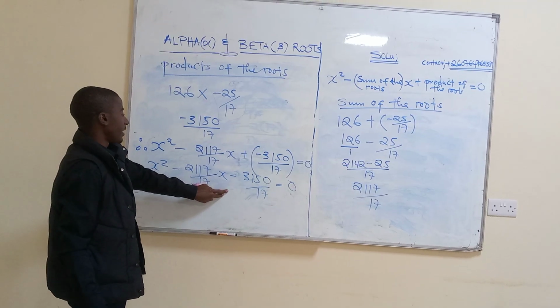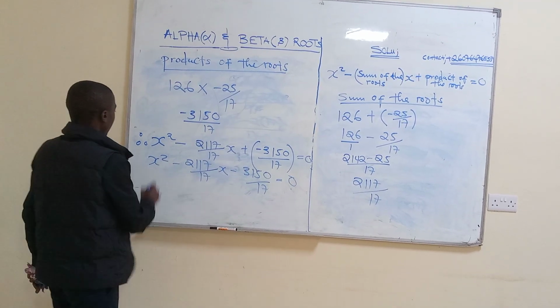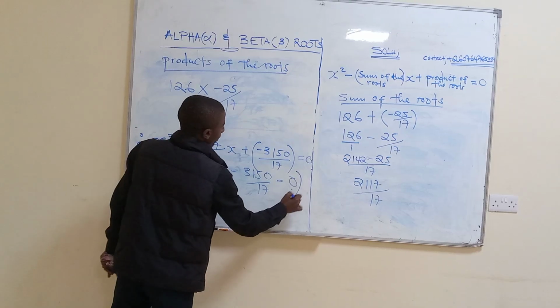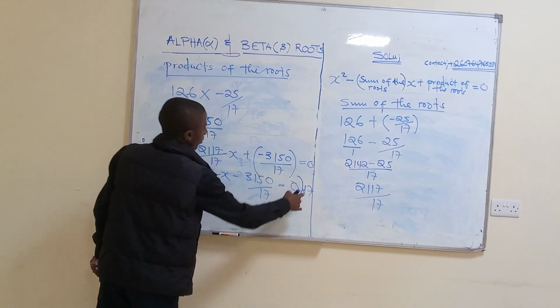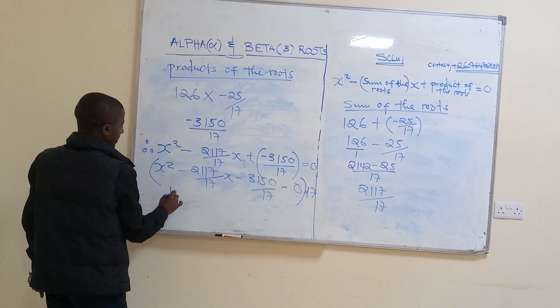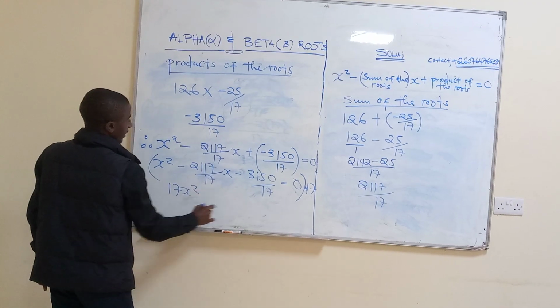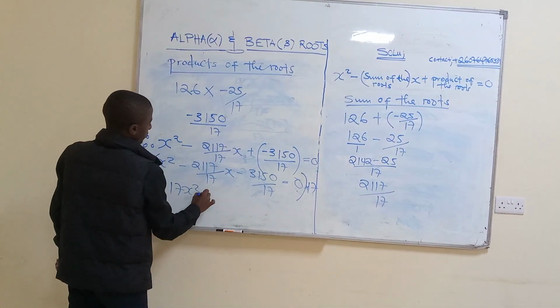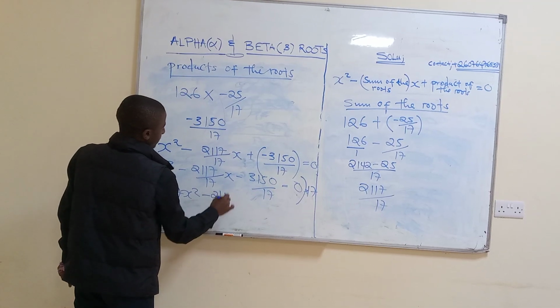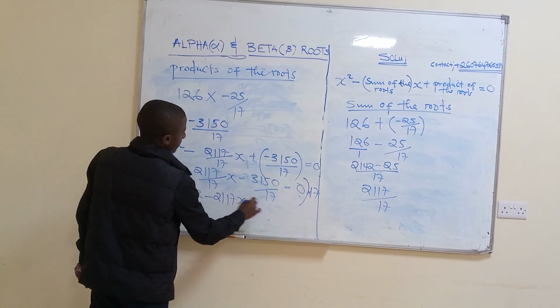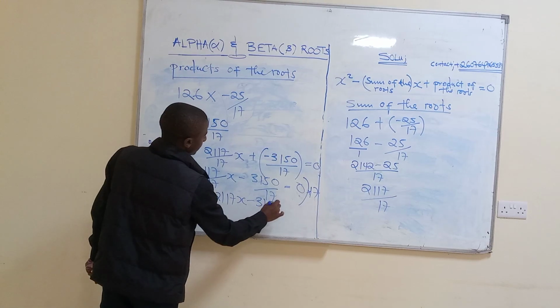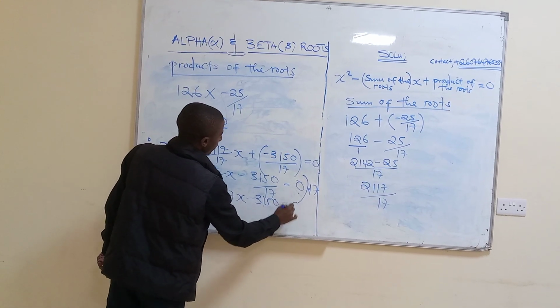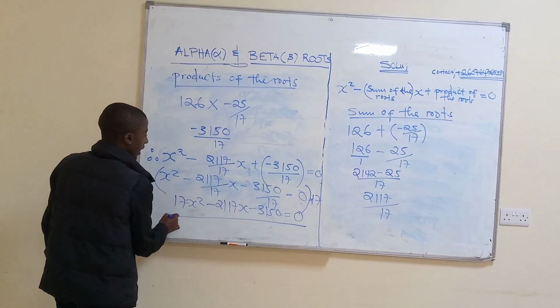To leave it in standard form, I have to multiply both sides by 17. So I'm getting 17x squared, the 17s cancel, I'm going to remain with 2117x minus 3150 equals 0. So this is the final answer.